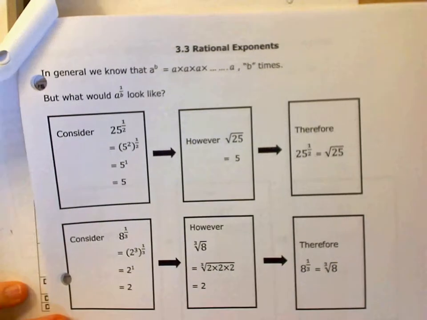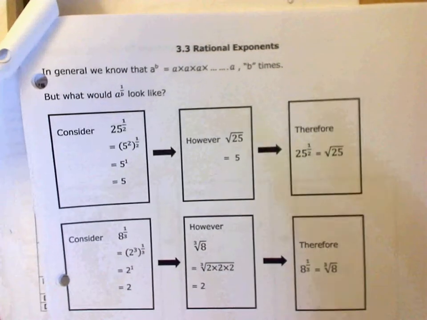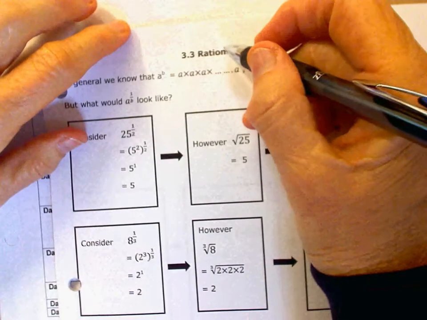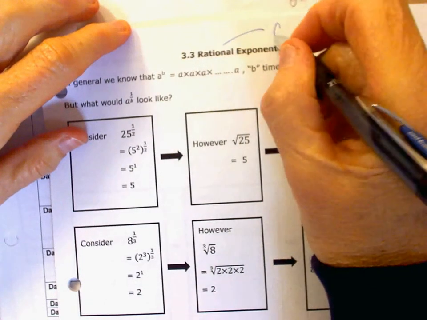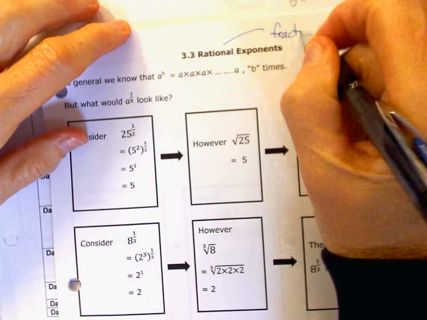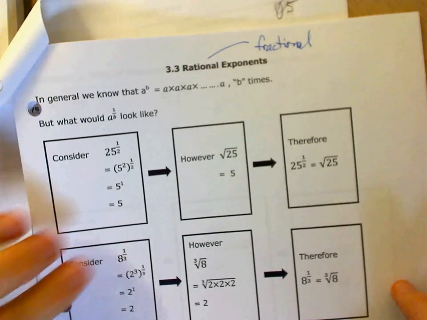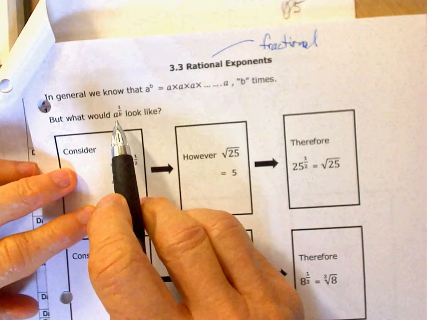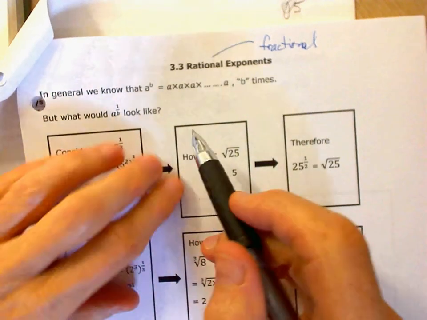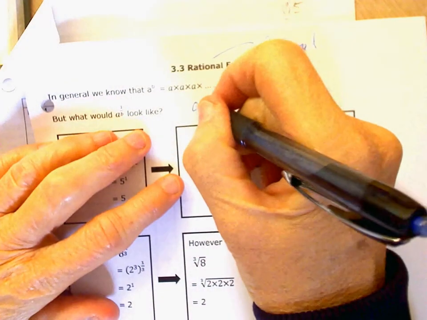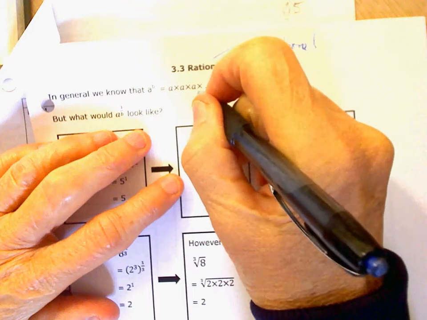All right, rational exponents, or in other words, fractional exponents. That's what this is all about. What would a to the 1 over b look like? Just so you know, a to the 1/2 you've actually seen before.